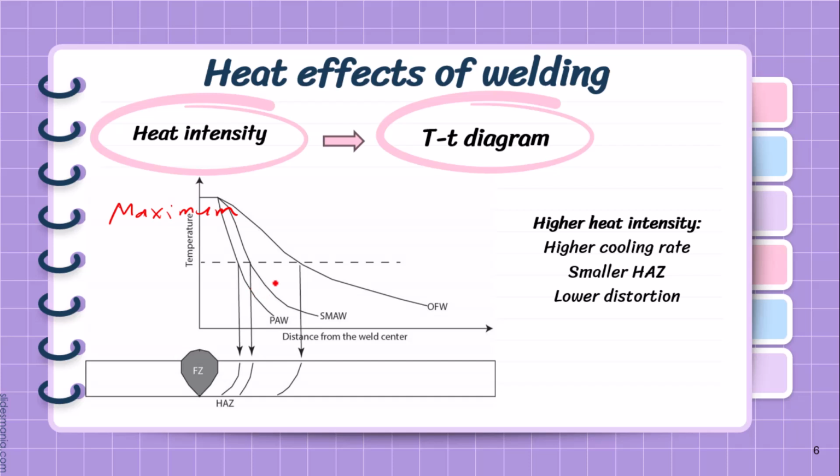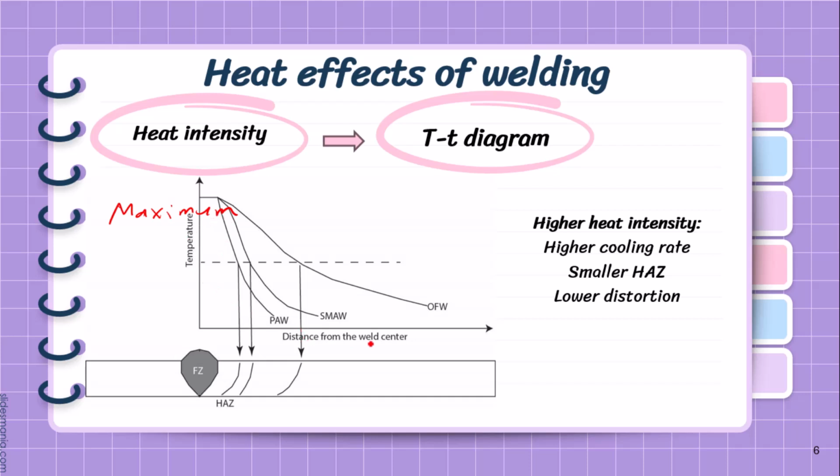And we compared 3 welding processes: plasma arc welding, shielded metal arc welding, and oxy-fuel welding. For oxy-fuel welding, we have a smoother gradient of temperature, and for plasma arc welding, we have a steep gradient of the temperature.